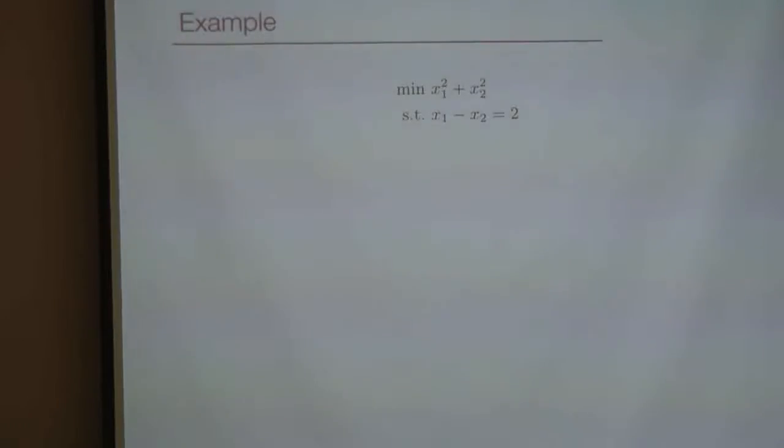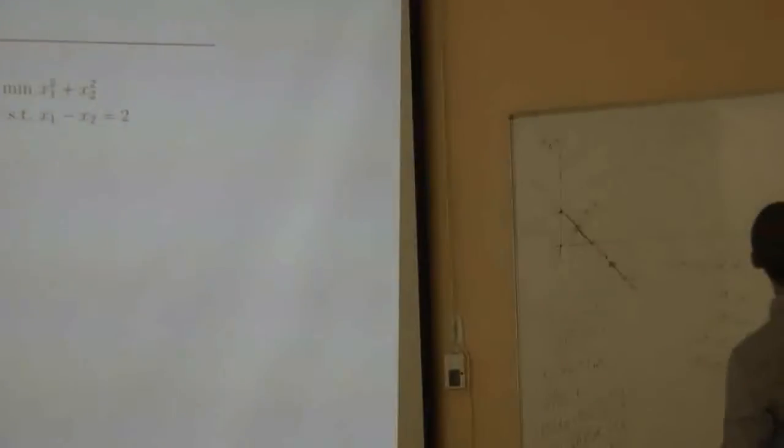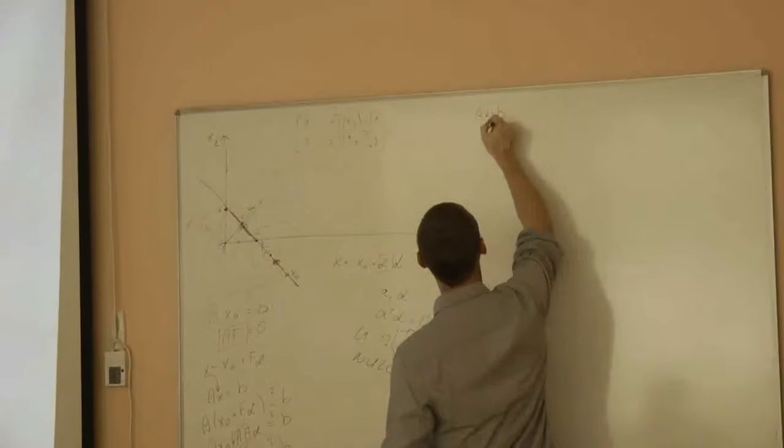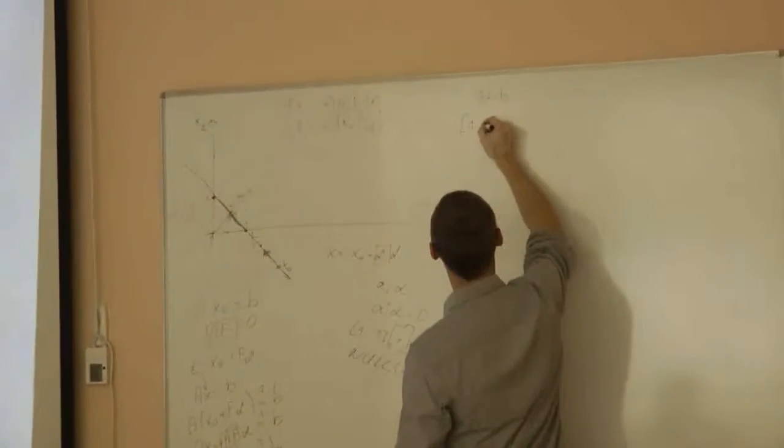Okay? So let us verify this procedure on the following example. How can we solve it? Using what we said here and what was the geometric interpretation. So remember, we are going to eliminate this constraint, which is Ax is equal to B, where A is 1 minus 1.